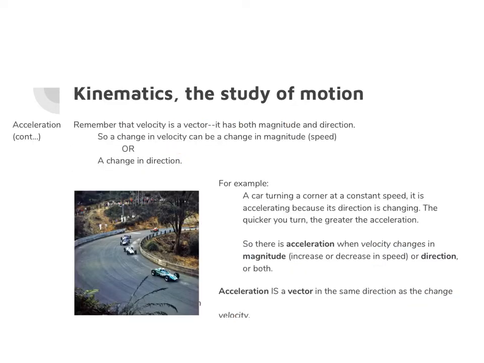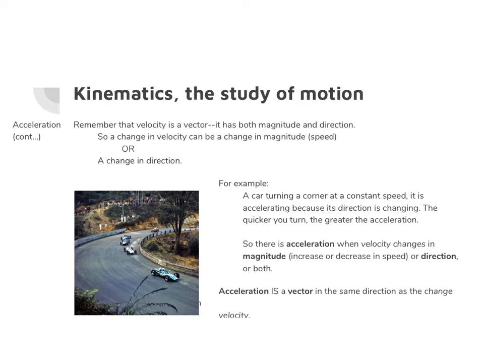So remember that velocity is a vector. It has both a magnitude and a direction. So a change in velocity can be a change in magnitude or a change in direction.